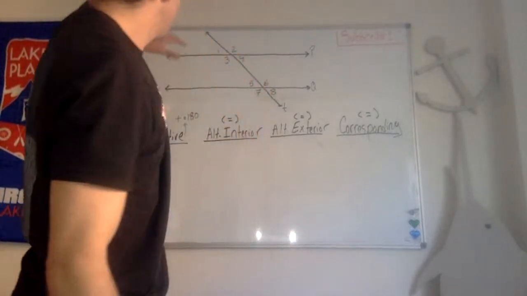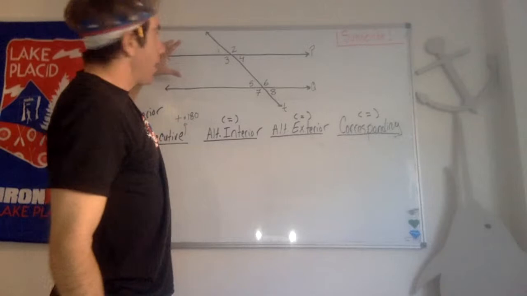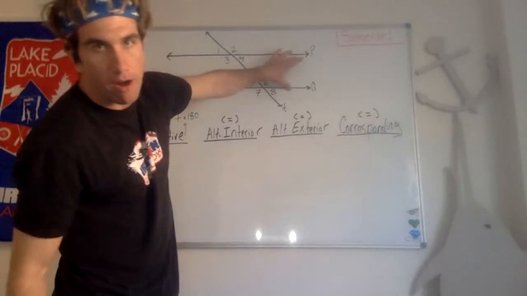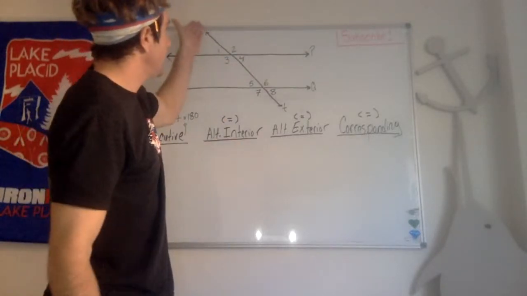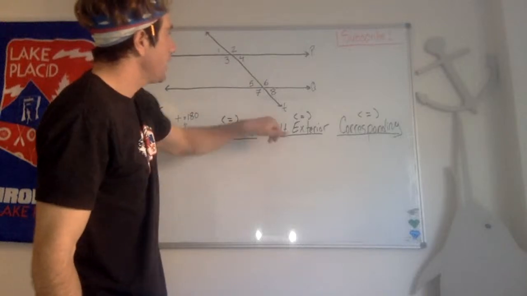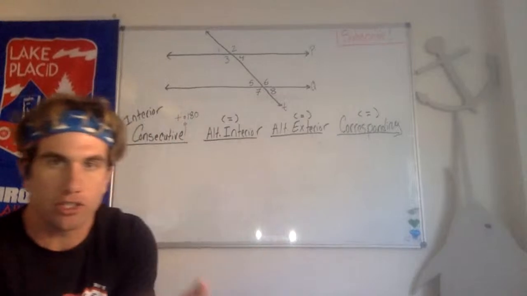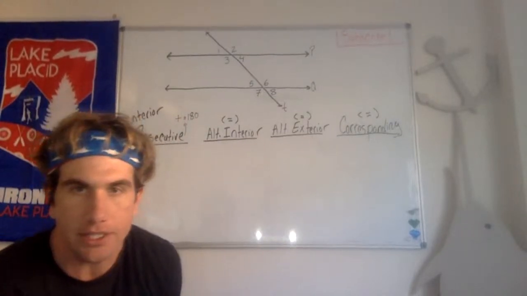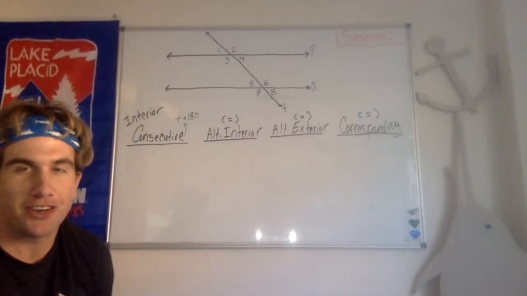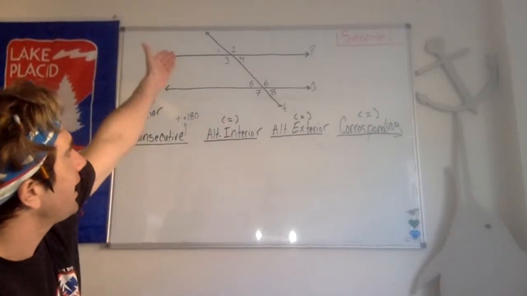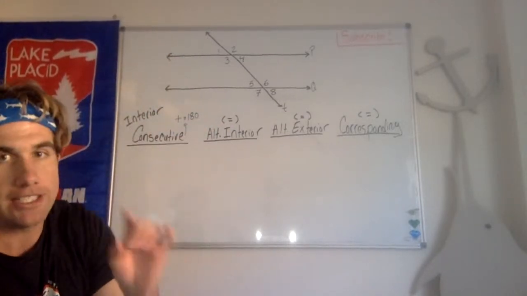So here we go. We got parallel lines, PQ parallel lines, right? What is it intersected by? Transversal T, right? What's a transversal line? Transversal line we went over yesterday. A transversal line intersects parallel lines at 2 points.